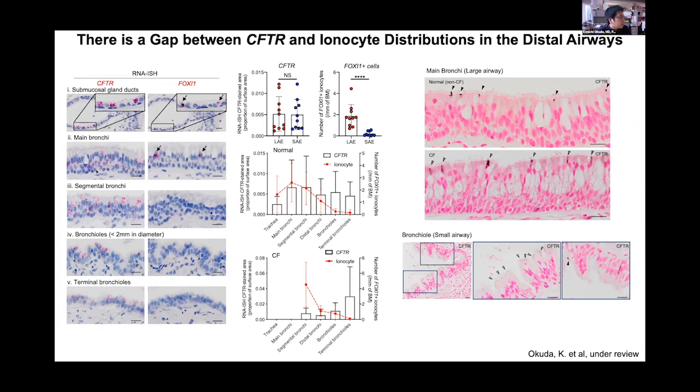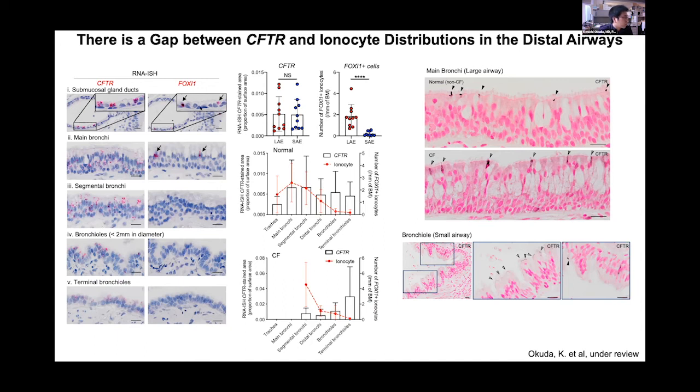In the superficial epithelium of the airways, CFTR expression is scattered and randomly distributed, and this expression appears to be similar across all the airway regions.